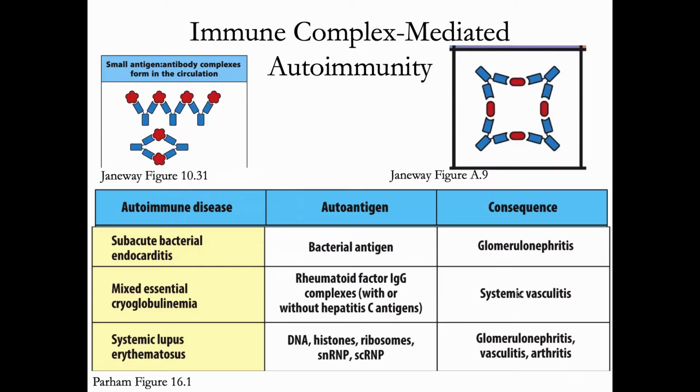One of the other ways that antibodies can cause autoimmunity is via the production of immune complexes. There are a number of antibody-mediated autoimmune diseases that are immune complex mediated. Remember that immune complexes are large complexes that form when you have just the right amount of antigen and antibody, and you can get these higher order structures where multiple antigens and multiple antibody molecules are all binding together.